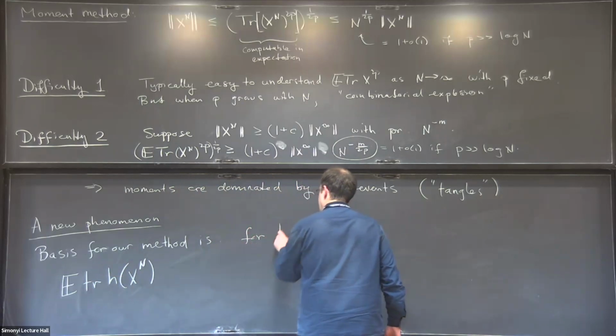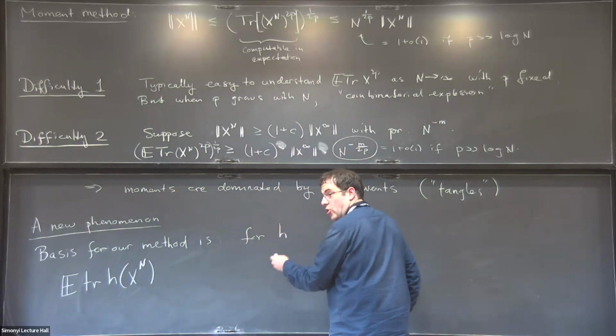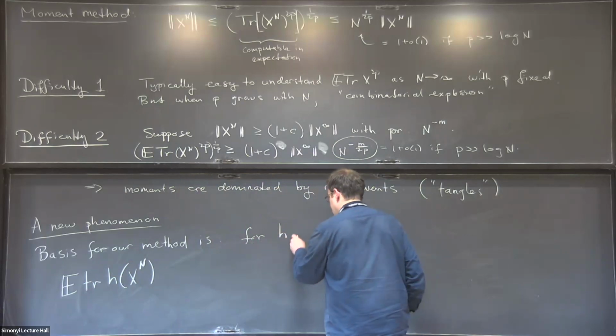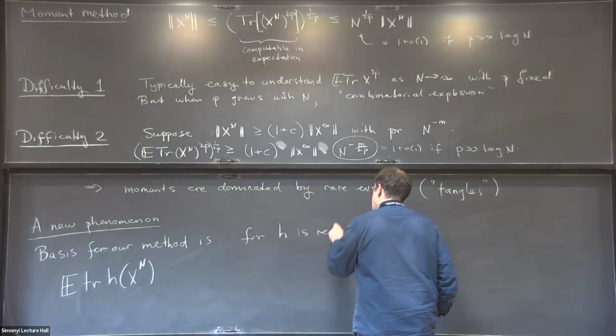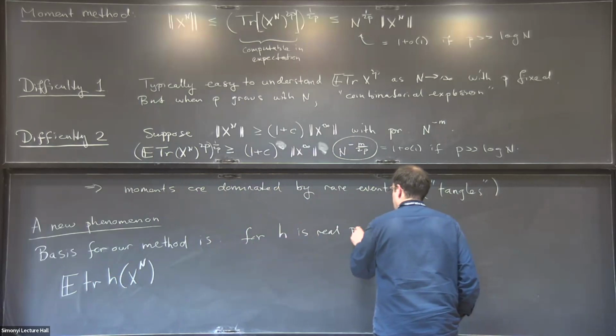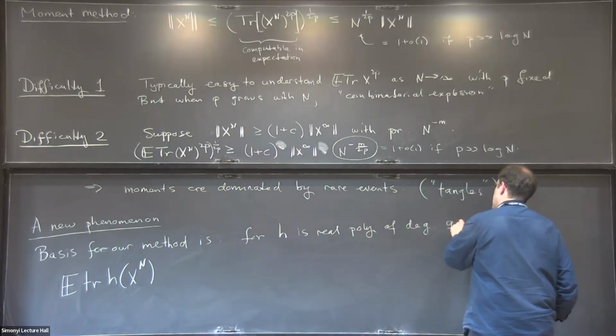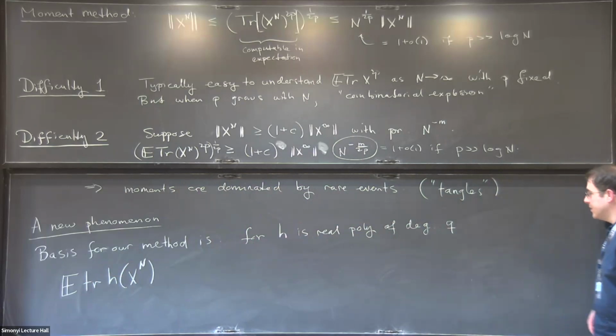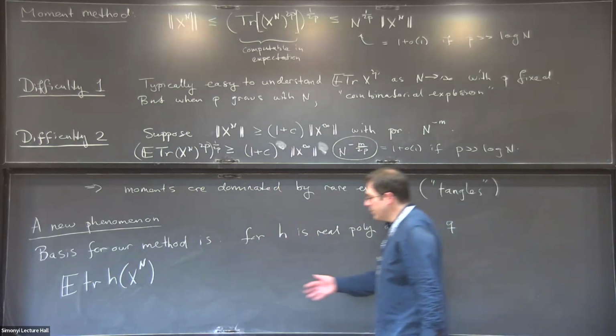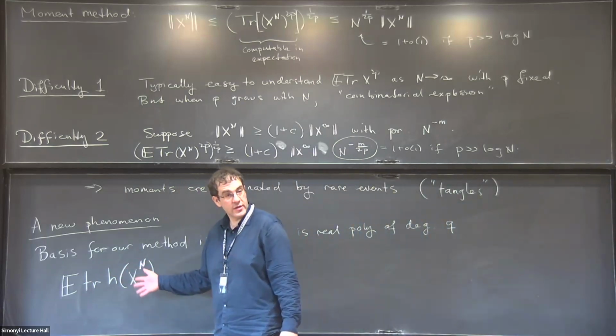where h is nothing else than a scalar polynomial of some degree, let's say q. h is a real polynomial, not a non-commutative one, just a real polynomial of some degree q. So we're going to try to compute the expected traces of polynomials of these random matrices.